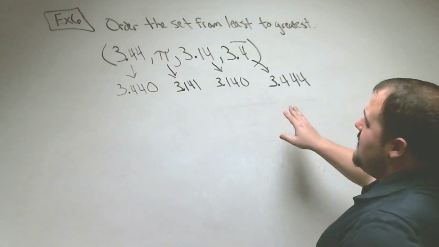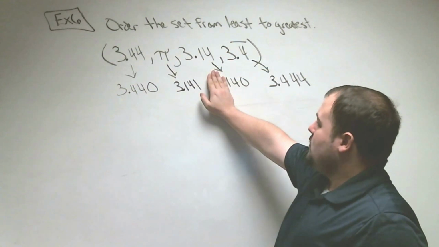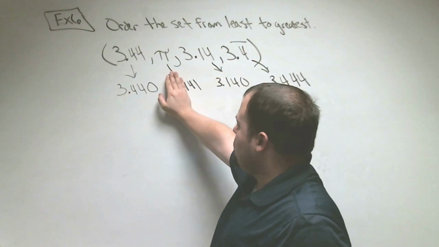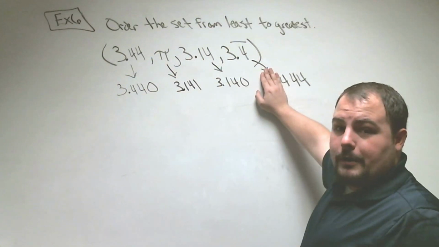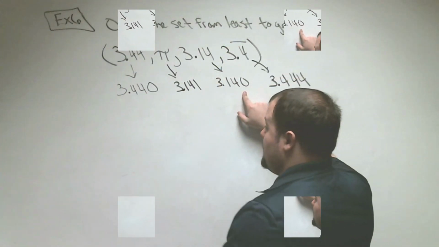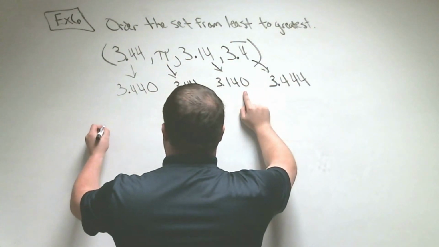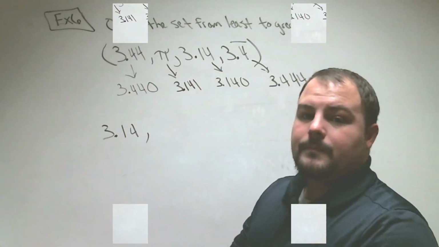And now we have to say which one's the smallest. So we look at these and say which one has the smallest number behind the decimal. Well, that's 140, this is 141, that's 440, and that's 444. So which one has the smallest number behind the decimal? That's this one. So if we're going to order these from least to greatest, the smallest number is 3.14.